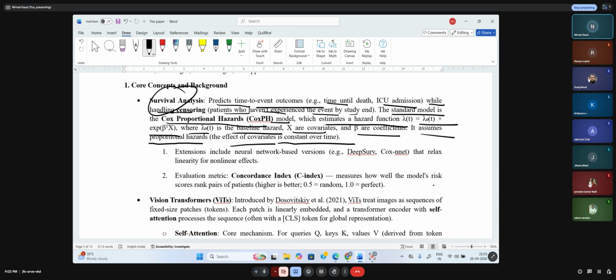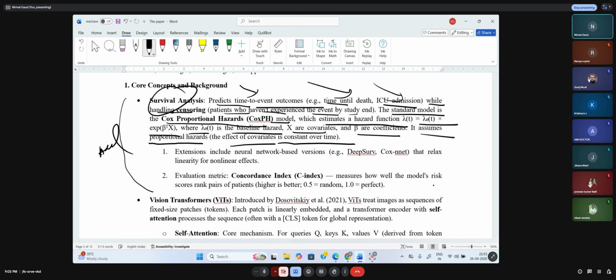Now the authors said we need to add survival analysis also, to predict when a certain event can occur, what the outcome could be, or time until death or ICU admission.